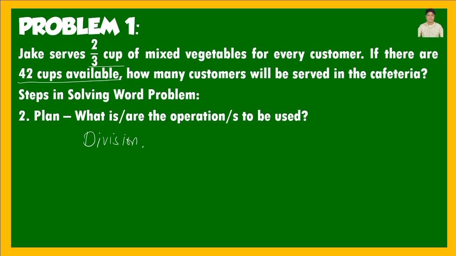Next, fourth plan. So divide 42 by 2/3. So para po makuha natin yung total number of customers na pwedeng ma-serve doon sa mixed vegetables na available.